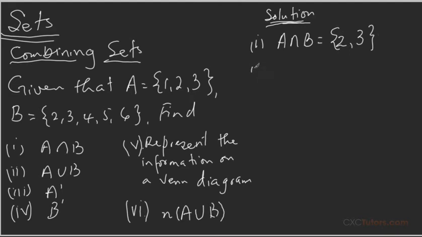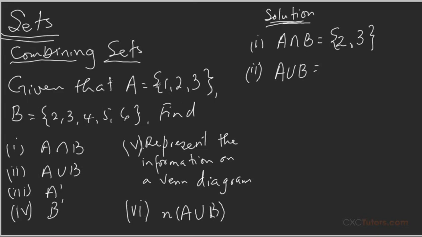Now if you look at the other part that we have, the union, we realize that the union will include all the elements that are either in set A or set B, and we ensure that we write elements once. So if we have elements that are common, we write them once, and the elements that are not common are also taken into consideration when we are writing the union.